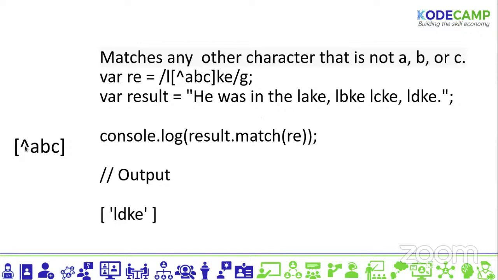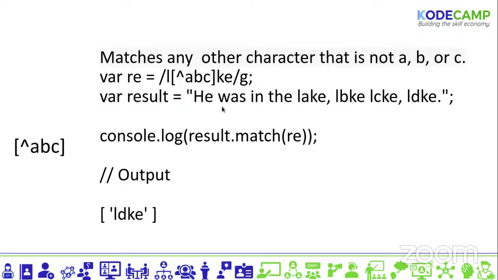You add this caret symbol. This is like saying, check this pattern that has L and KE, where the value in between L and K should not be A, should not be B, should not be C, but can be any other letter.